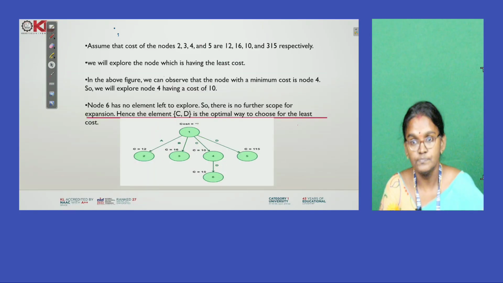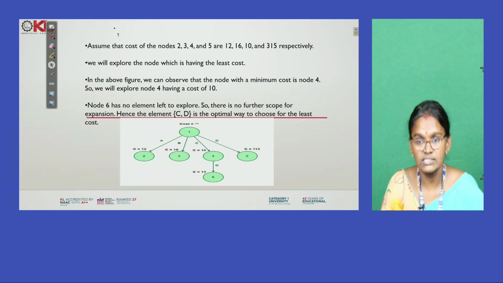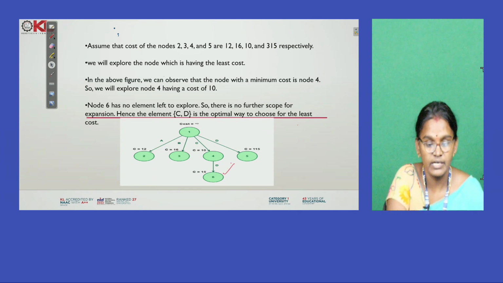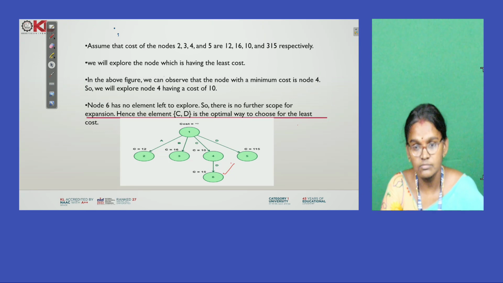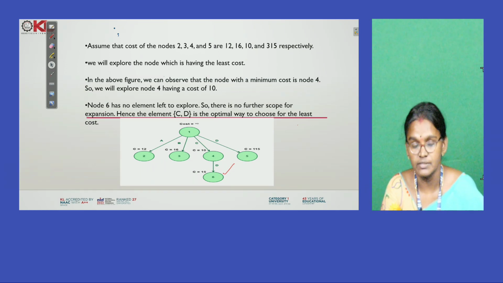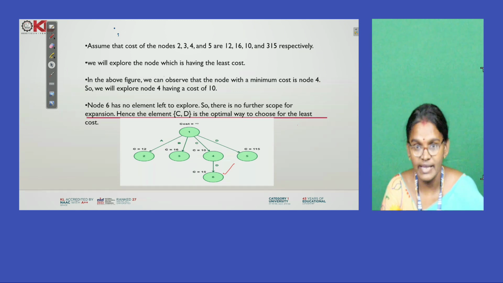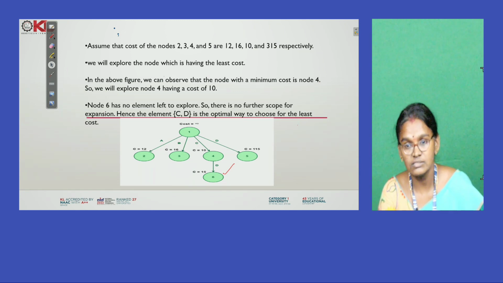So next, check the possibilities. Here C is the extension for the single node, so node 6 is implemented, represented in the form of D. Here the cost is assumed to be 15. No more possibilities are there. So this is one example for the least cost search.